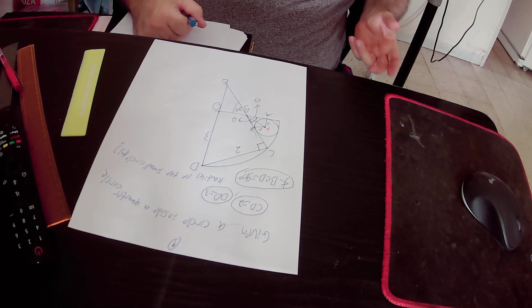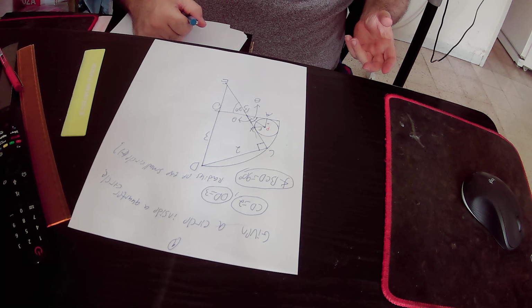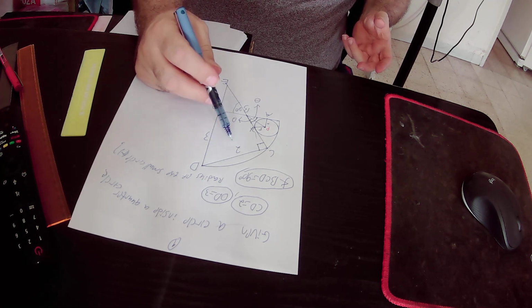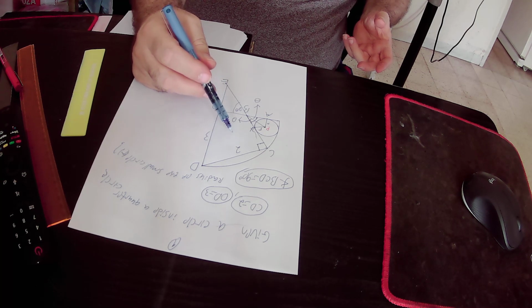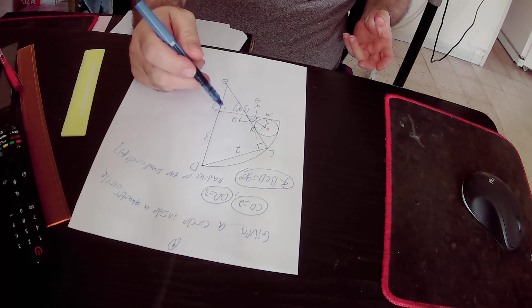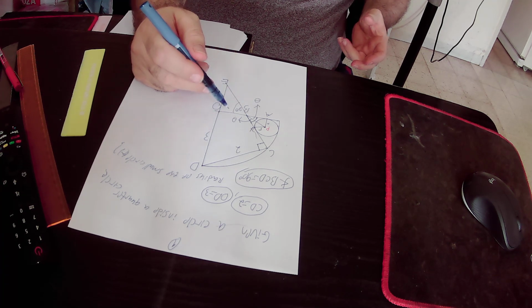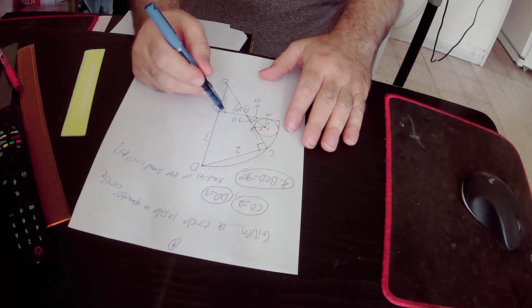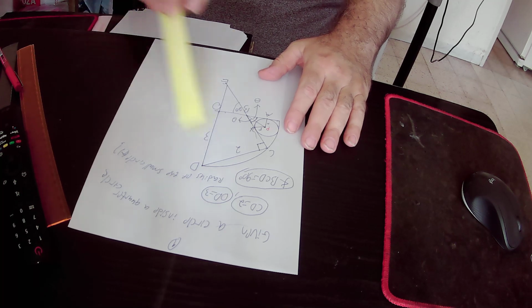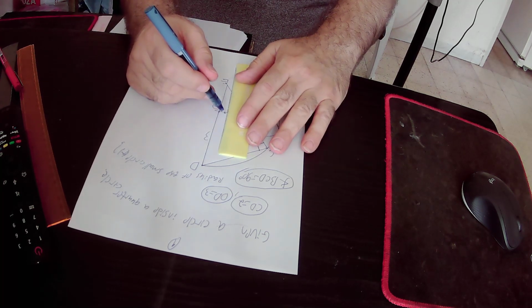We actually have a quarter. This is a quarter. Therefore, from the fact that we have a quarter, we can derive that angle DOA is a right angle, that is to say it equals 90 degrees.